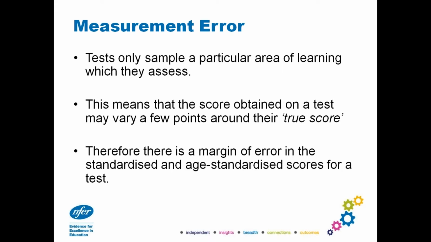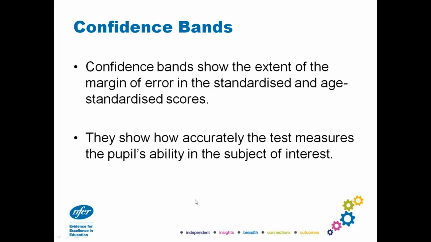So with any test that a child takes, there's always a margin of error in the standardised and age-standardised scores. To take that into account, we can calculate what's called a confidence interval, which gives you a confidence band. This shows you the extent of the margin of error in the standardised and age-standardised scores.